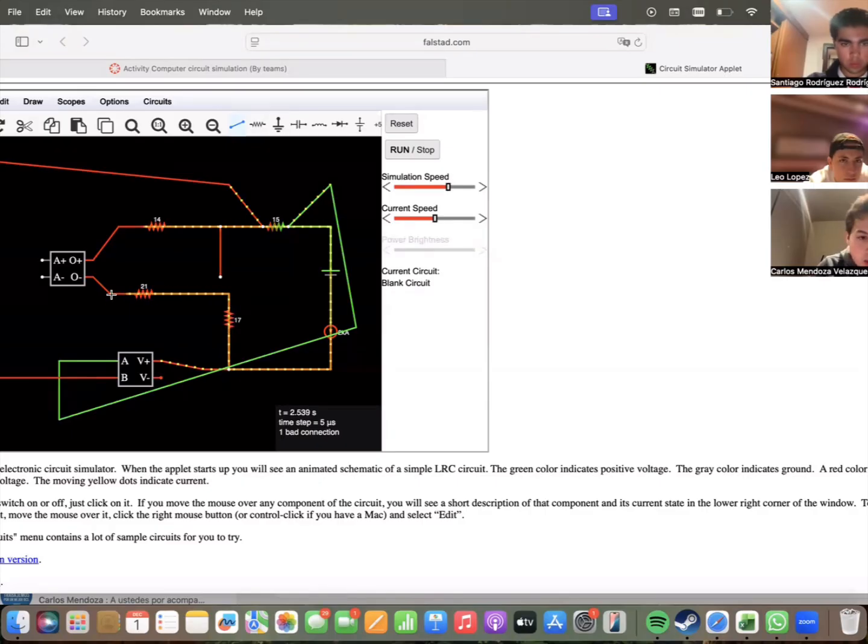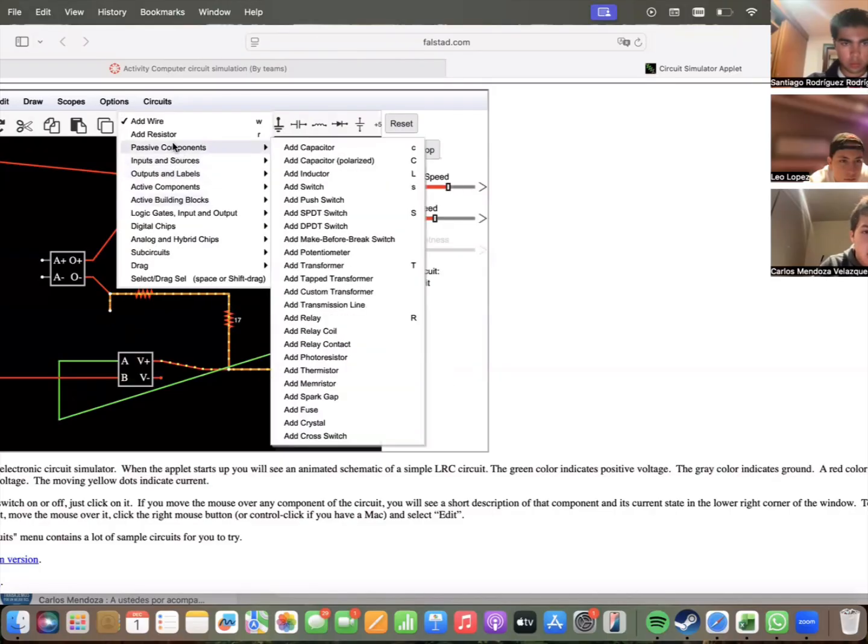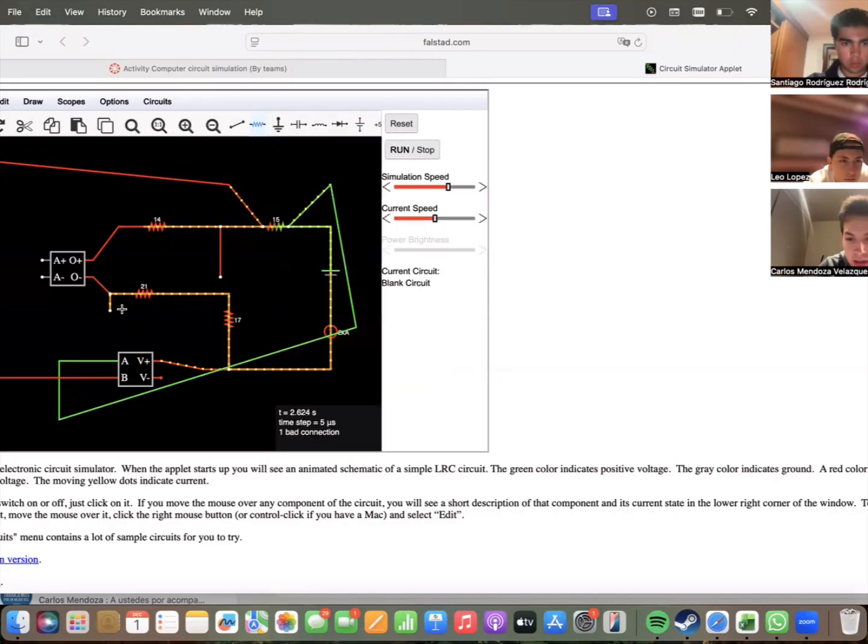Now here we also go downwards. We add another resistor that's going to have a value of 53. We continue with another wire, and this wire is going to go until V minus from the independent voltage source.